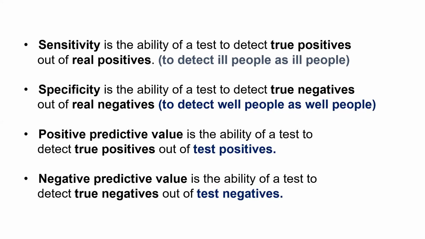For example, the test detected 75 people as positive, but how many actually have the disease? We will discuss again with the example. Negative predictive value means: out of those the test detected as negative, how many actually don't have the disease? These are the four things.